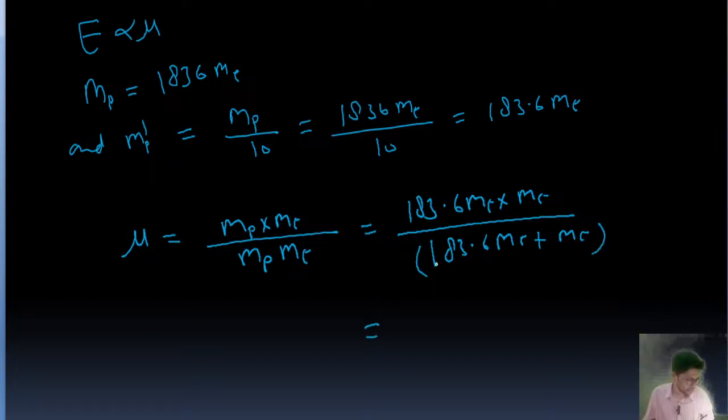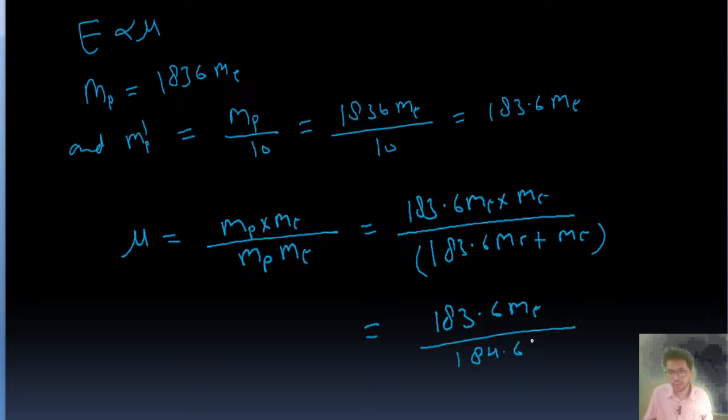So this is going to be 183.6 me upon 184.6 me, right? One is added. I mean, me is cancelled, right? So 184.6, and from here, this is the value of mu, right?